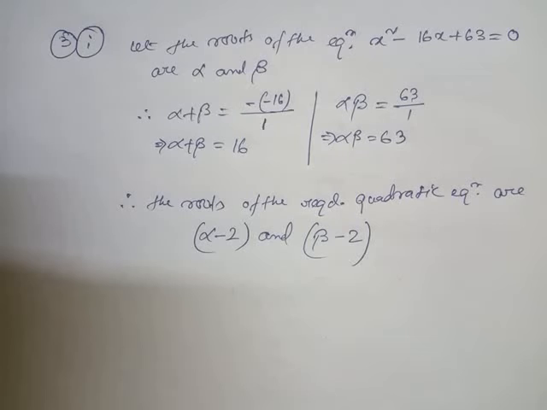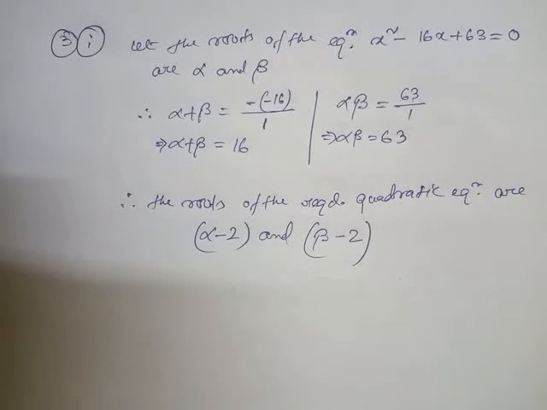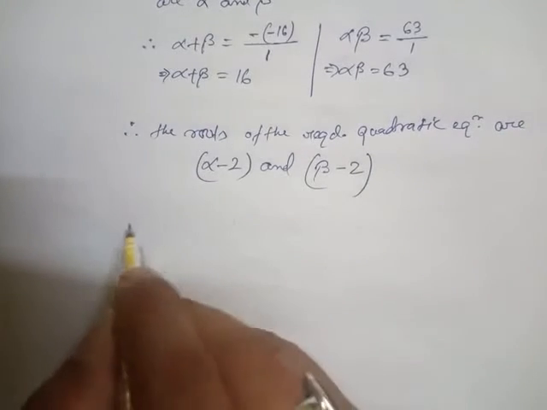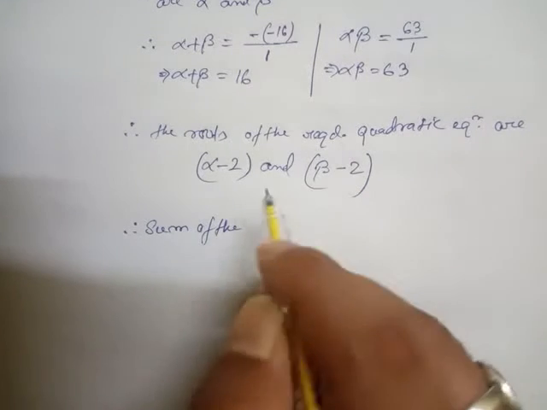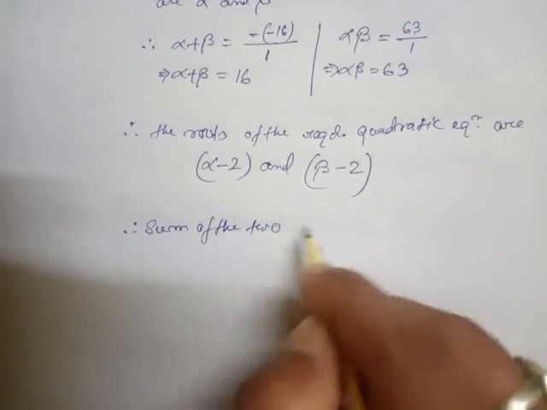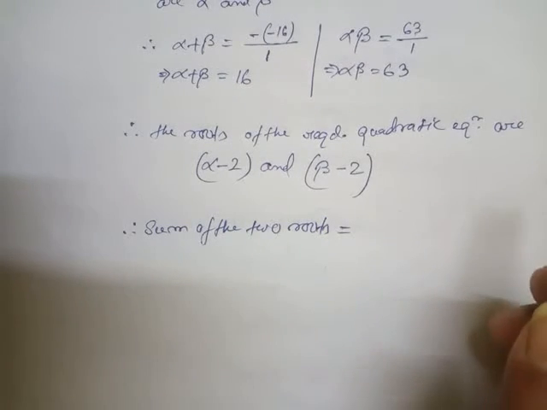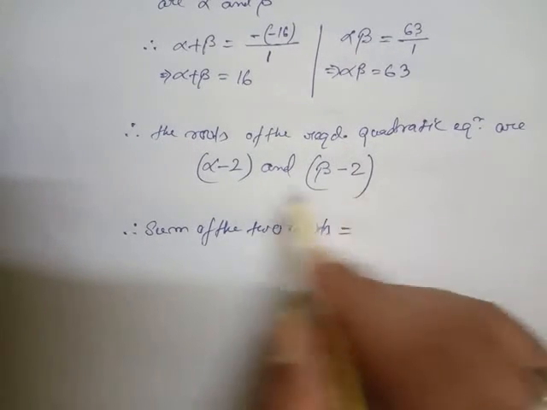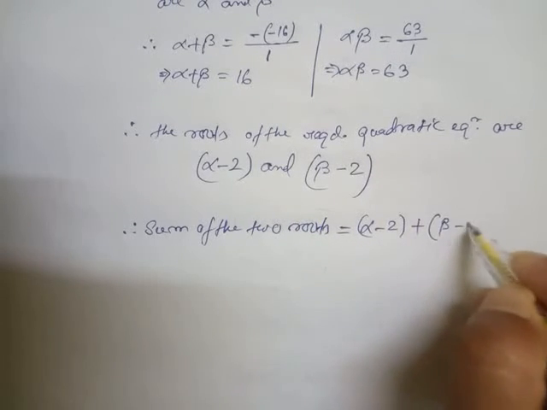So student, now with the new roots, what is the sum? We write down here: therefore the sum of the two roots means alpha minus 2 plus beta minus 2.